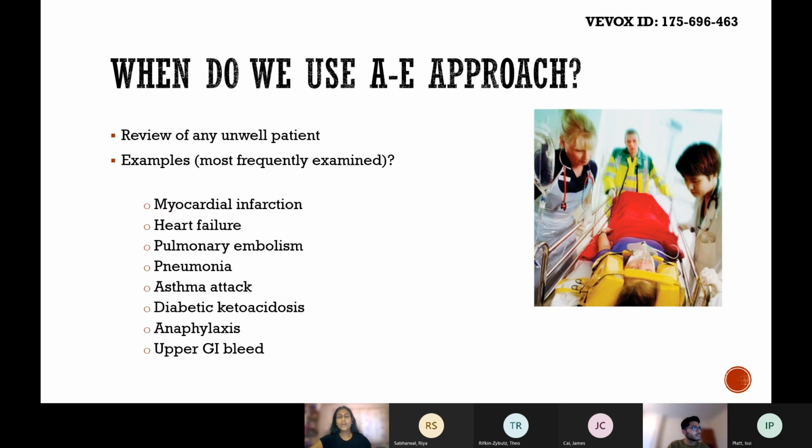So we'll start off with, when do we use the ABCDE approach? If you want to start putting your ideas into the Q&A chat.